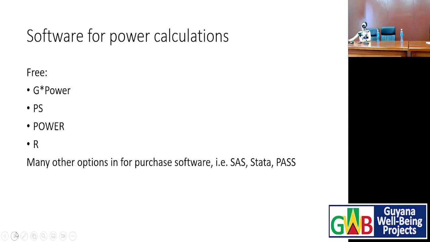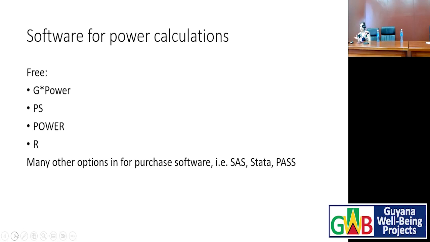So there's various different kinds of software that can be used for power calculations, and there's a whole world of power calculations that are much more complex and get into all kinds of detailed situations that are not going to be discussed today. This is just an introduction here, but some of the free software available are programs called G-Power, PS, which stands for Power and Sample Size, and a program called Power.